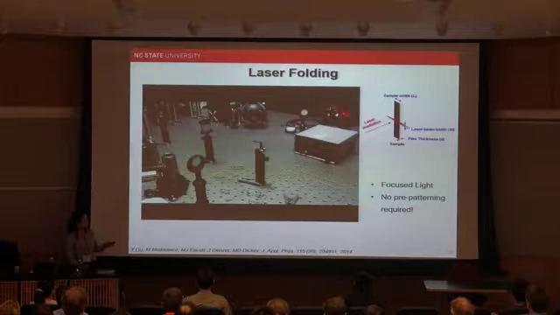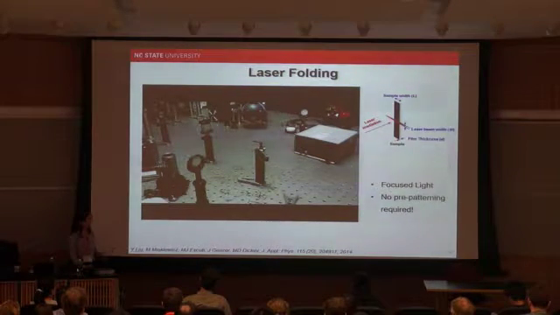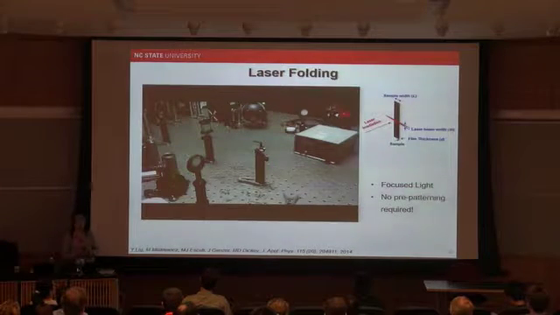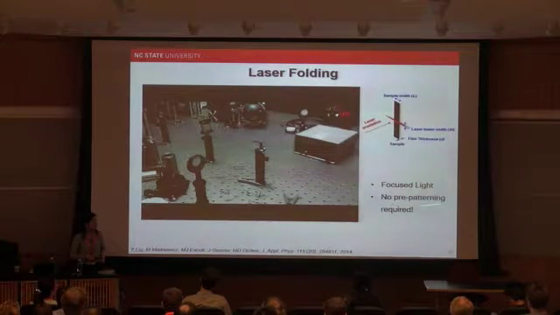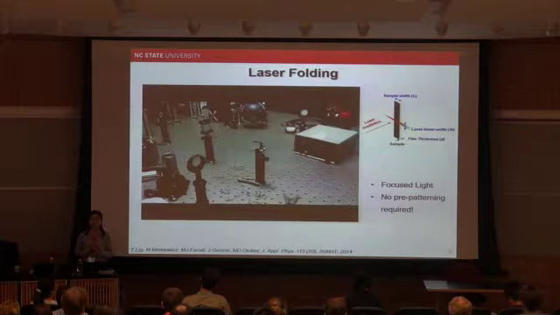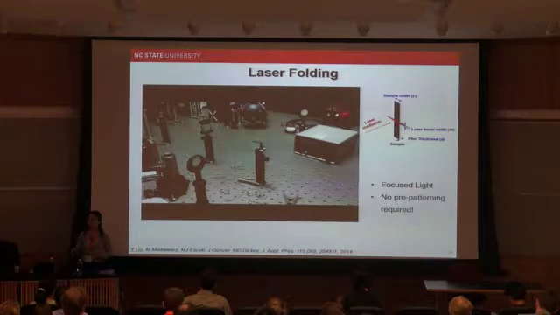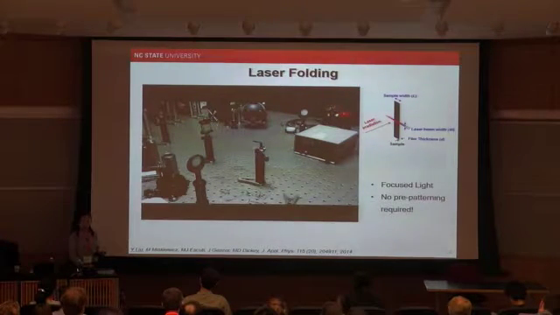You can see this is folding very well and also quickly, in seconds. The advantage of using laser light is you don't even need to pattern the hinge at all. You can program your laser pathway to behave like a hinge itself to induce the folding.